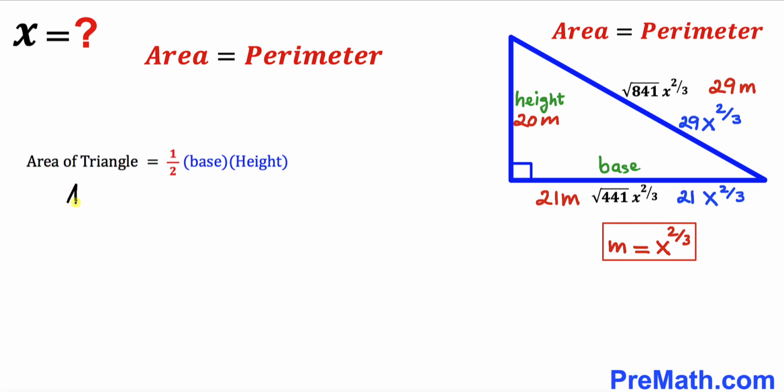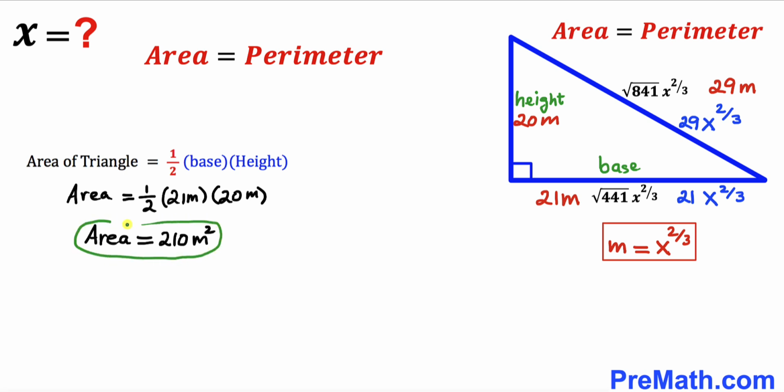So the area is a half times 21m times 20m, which simplifies to 210 m square. So the area of this blue triangle turns out to be 210 m square.